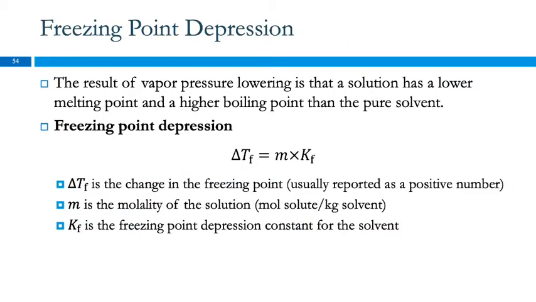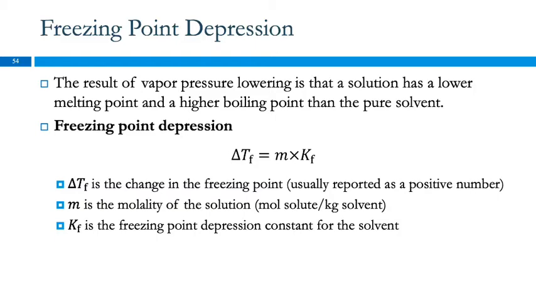So the result of the vapor pressure lowering is that the solution has a lower melting point and a higher boiling point than the pure solvent does. And so there's an equation for freezing point depression. Here, delta T_F means the change in the freezing point. Unlike all the other places where we've used delta, where it was final minus initial, this is usually reported as a positive number.